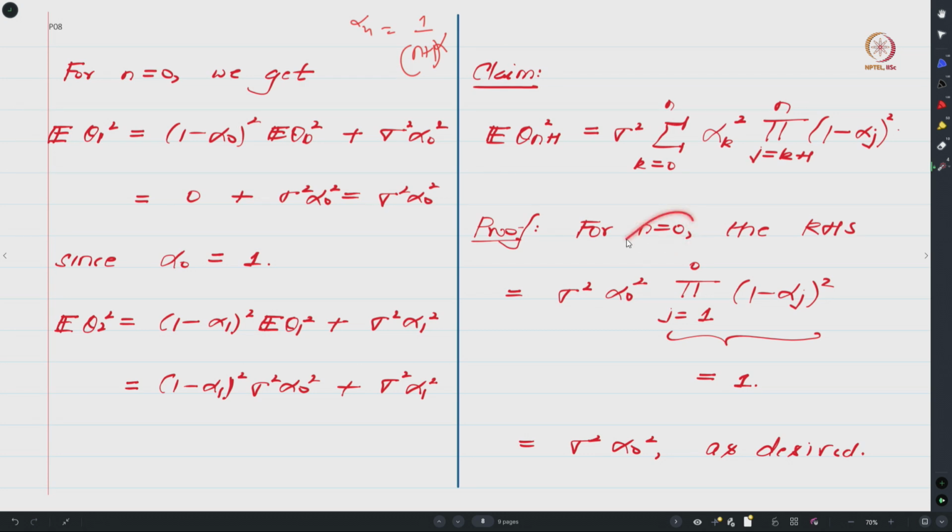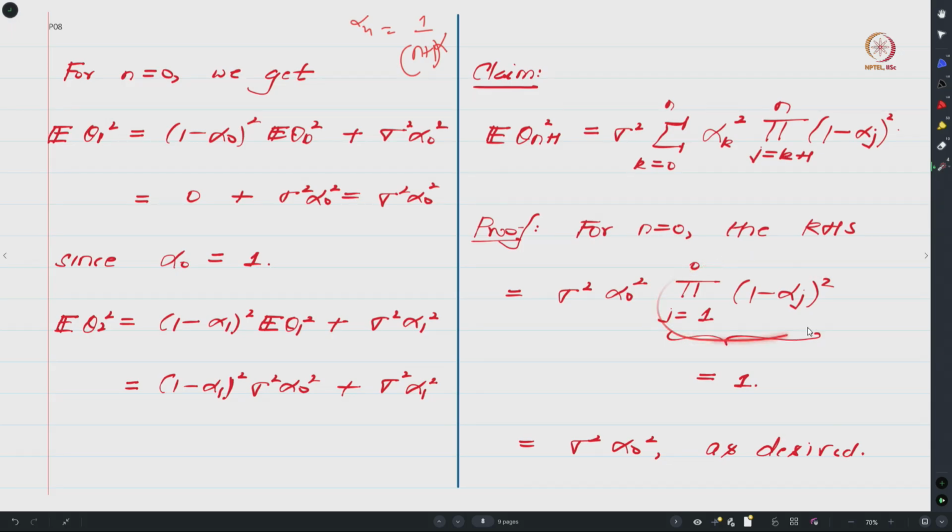If I substitute n equals 0, this right hand side will be sigma square, and this n will be 0 here, so there will be only one term to add. I substitute k equals 0, so that I end up with alpha 0 square, and here I have the product from j equals k plus 1 to n, so n is 0, and j will go from 1 to 0 of (1 minus alpha j) square.